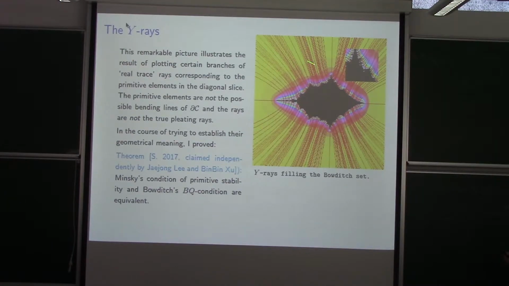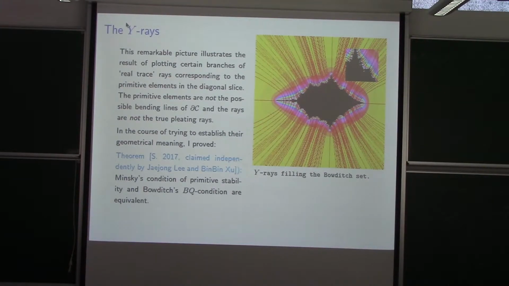It's not super high resolution, but it looks very much as if these rays, which I decided to call Y rays for Yasushi, appear to fill up the Bowditch set. So I've been thinking about this picture for some time. What are these rays?